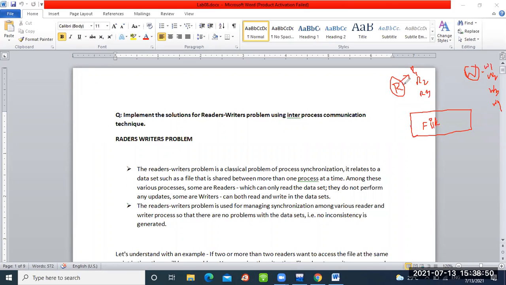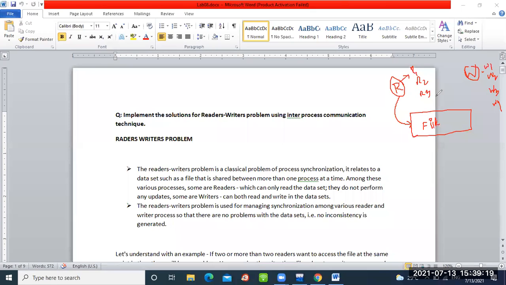Now what will the reader do? The reader will simply ask the permission to access the file, and it will read the file. If the permission is granted, that means the reader is allowed to access the file, it can only perform reading.